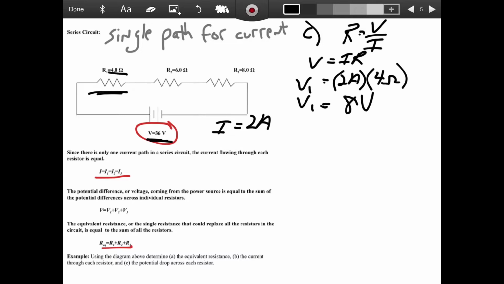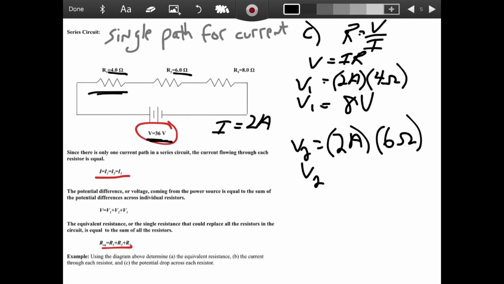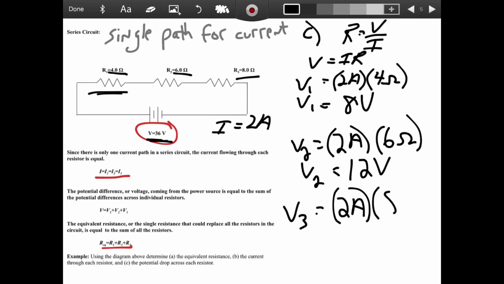I'm going to do the same for voltage 2, where now we have a 6 ohm resistor, so 2 amps times 6 ohms, and the voltage drop across V2 should be 12 volts. And finally, I'm going to do it a third time across resistor 3, which has a value of 8 ohms.